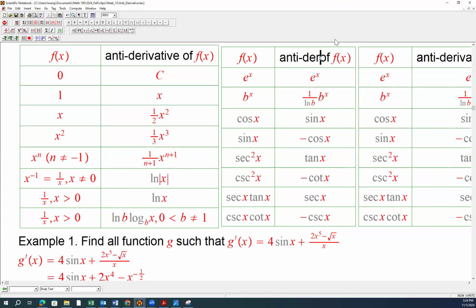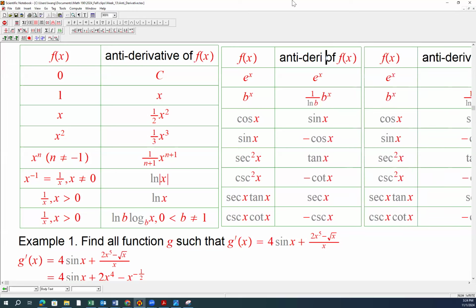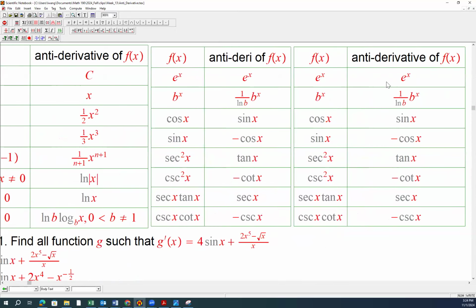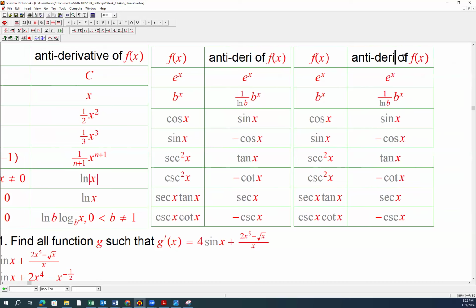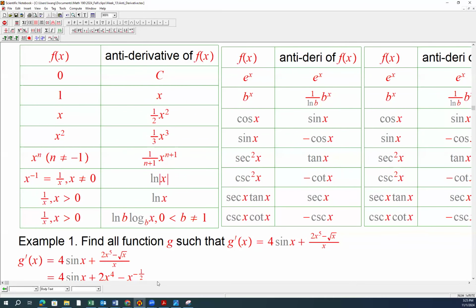We'll make it a little shorter, and the next one we also make antiderivative. Make this one a little bit shorter, and we're going to bring these.